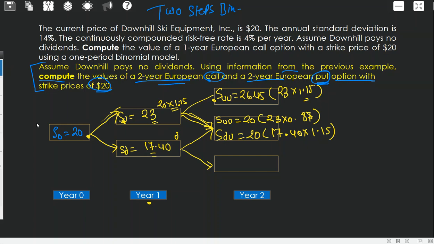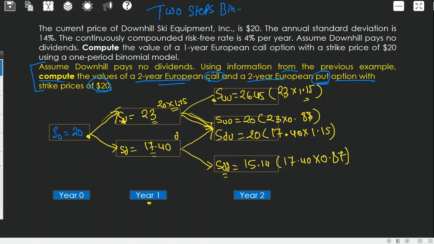Now we will calculate SDD. SDD is equal to 15.14, sorry. This is 17.40 into 0.87. Now we got our values of the stock.